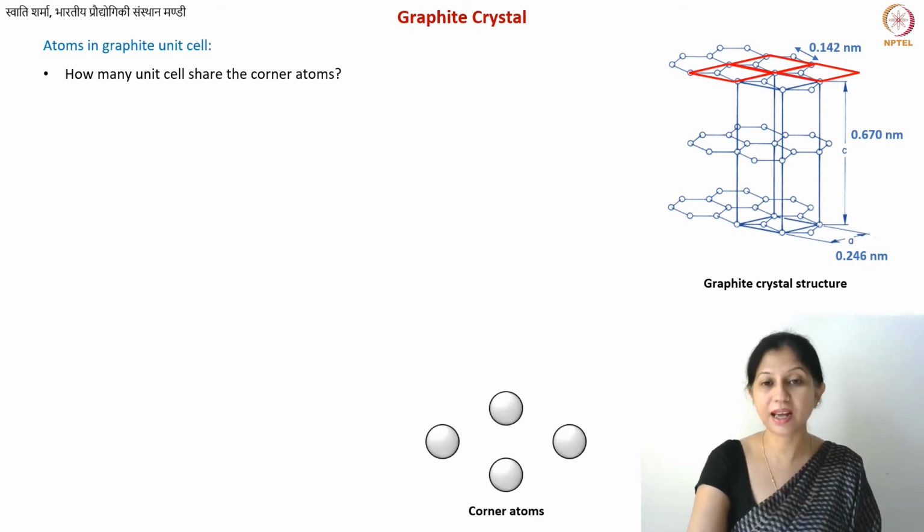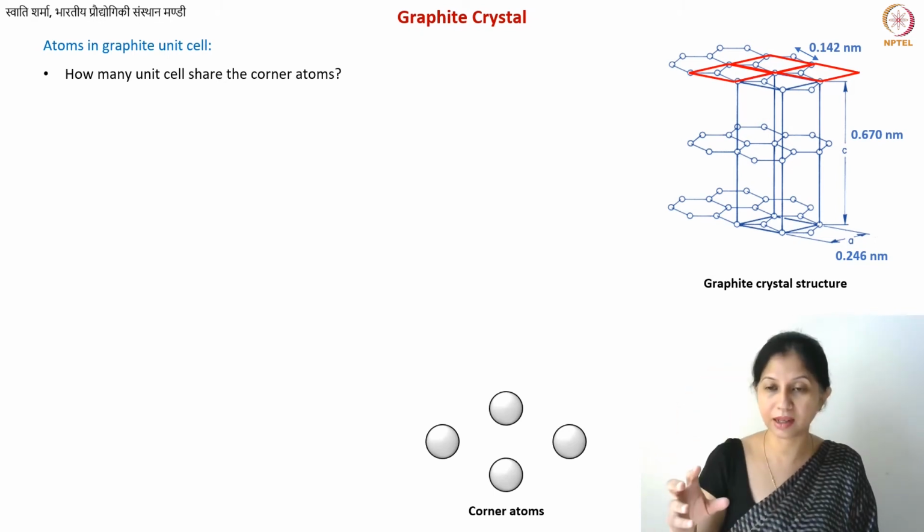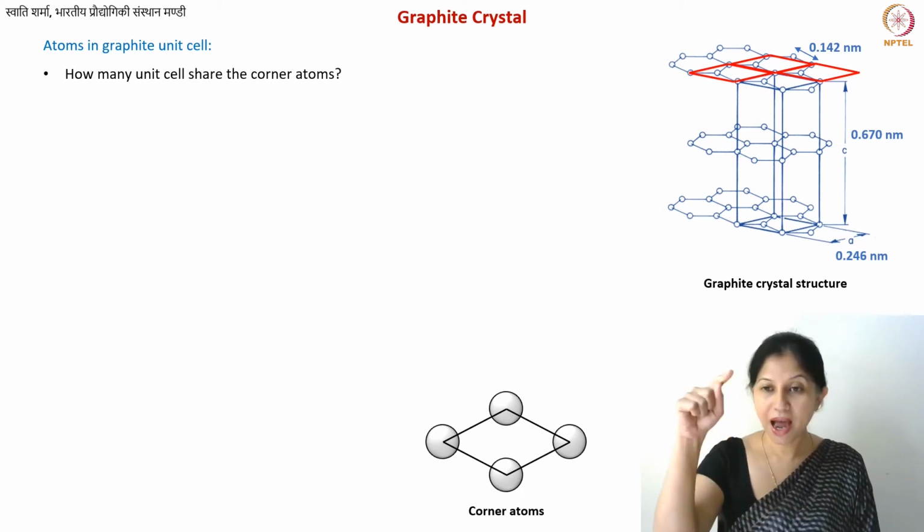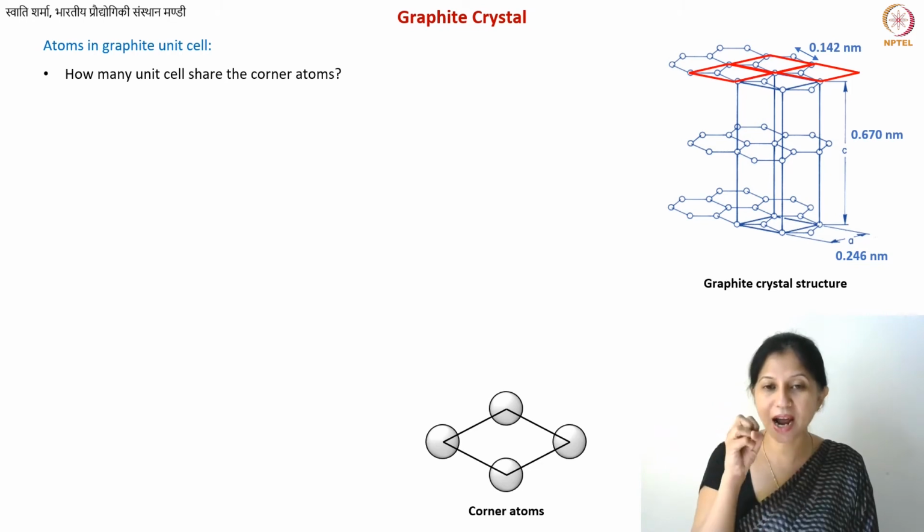So let's have a look at the corner atoms alone. For now, forget that there is anything in the center or the middle of it, or any other atoms. We have these 4 corner atoms, and now the unit cell looks something like this. Now you need to calculate what the angles are and how much fraction of a single atom is being considered for your calculation of the total number of atoms.